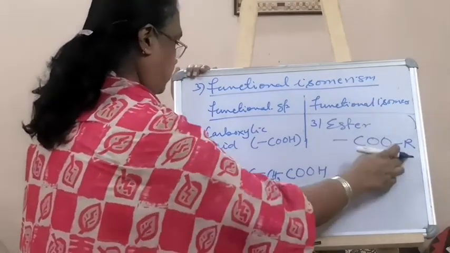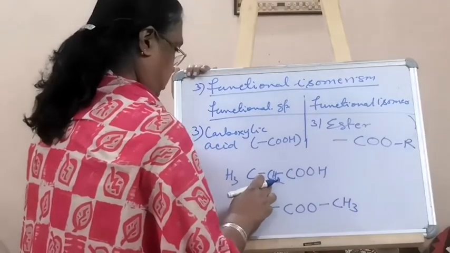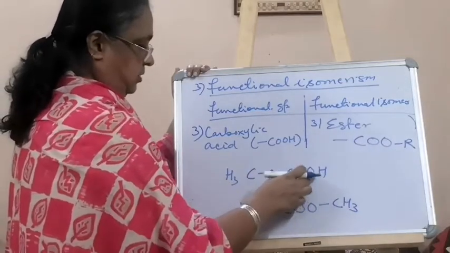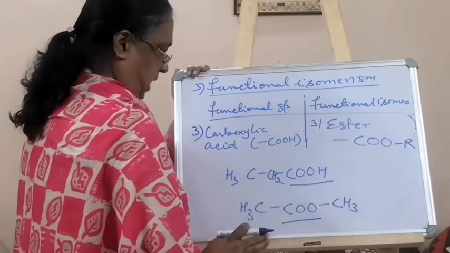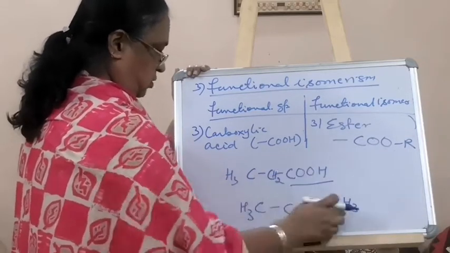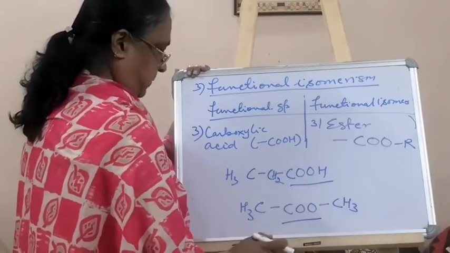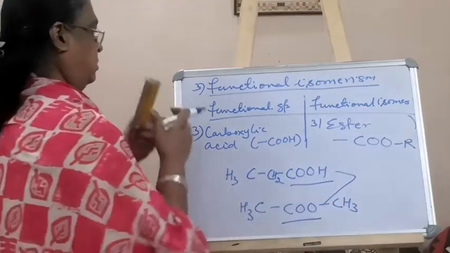R is for this, so this is CH3. So this is the ester group, this is the carboxylic group. Hydrogens are 6 here, here also 6. Oxygen 2 here, carbon is the same. So these two are functional isomers.